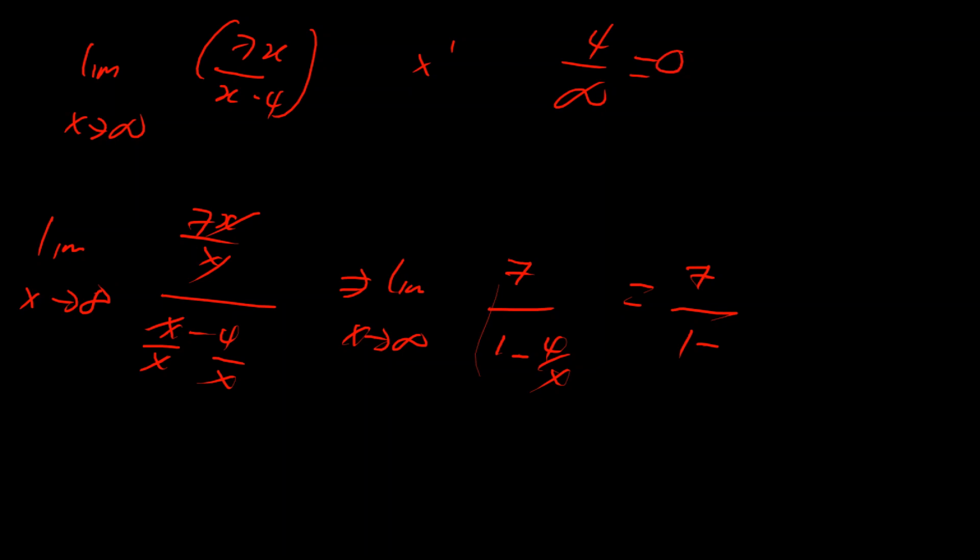And so if you keep on dividing 4 by a larger value, you realize that it is approaching 0. So 4 divided by infinity is 0, just like 1 divided by infinity is 0. So you're having 7 over 1, and that equals 7. So the limit as x approaches infinity of the function 7x over x minus 4 is equal to 7.